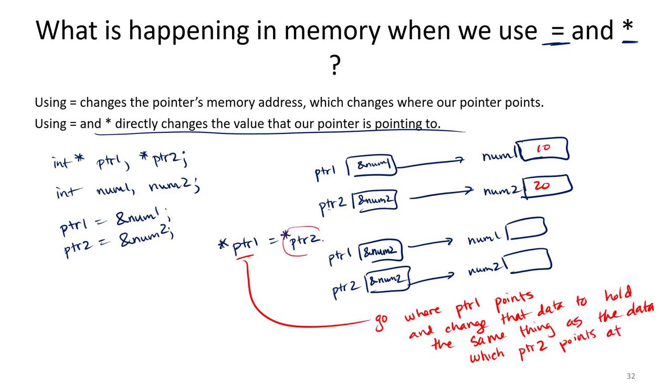So here, asterisk ptr2 is pointing at the number 20. So in this case, if I write asterisk ptr1 equals asterisk ptr2, then notice ptr1 will now point at the number 20 as well. So num1 will be changed to hold the same thing as num2.